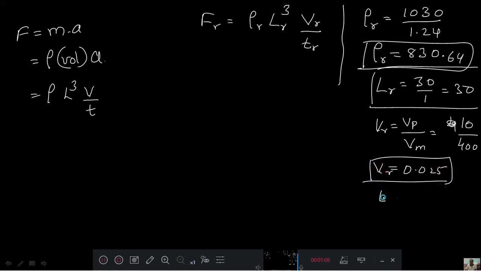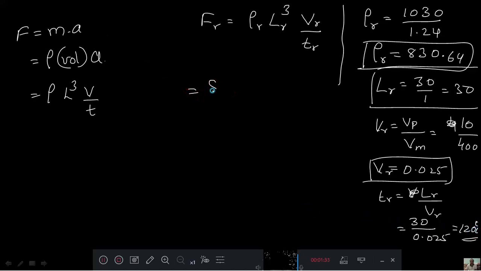Now coming to Tr. What is this Tr? Tr is equal to Lr by Vr, length by velocity. Lr is 30 and Vr is 0.025, therefore Tr is 30 divided by 0.025, that is 1200. You will substitute that here.